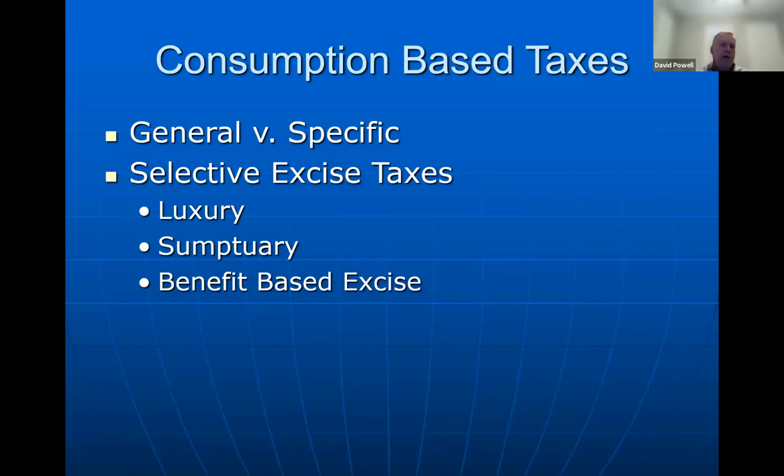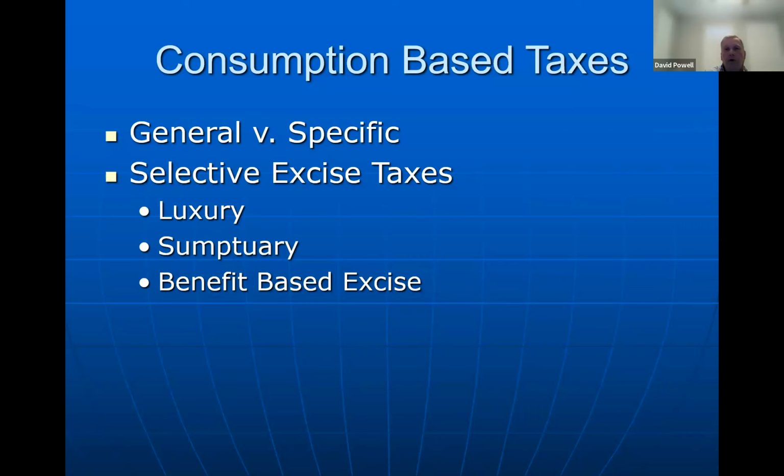Then the third type of selective excise tax is a benefit-based excise tax. A great example of that would be the motor fuels excise tax. You are taxing people based upon the benefit that they are getting from purchasing whatever they are purchasing. If they purchase gasoline, the benefit they get is they are going to drive on the roads.